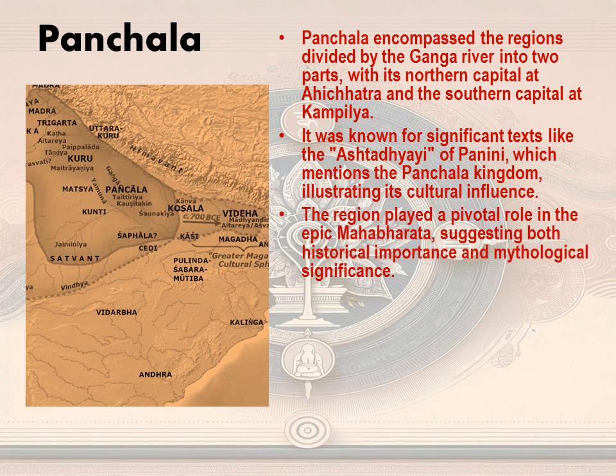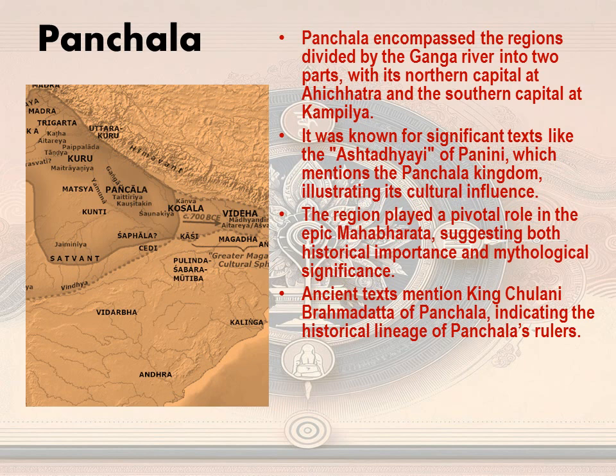The kingdom played a pivotal role in the epic Mahabharata, as we know that Princess Draupadi hails from Panchal, suggesting both historical importance and mythological significance. Ancient texts mentioned King Chulani Brahmadatta of Panchal, indicating the historical lineage of Panchal rulers.